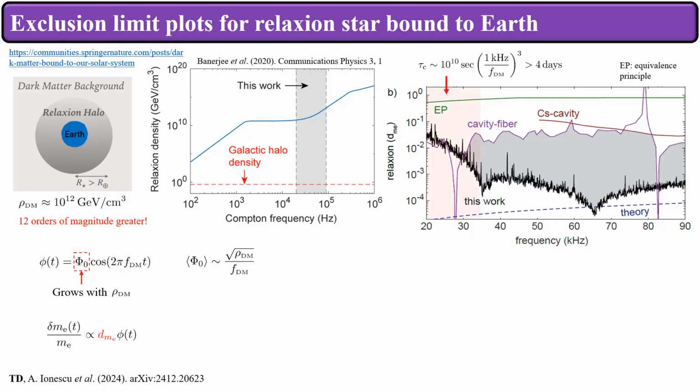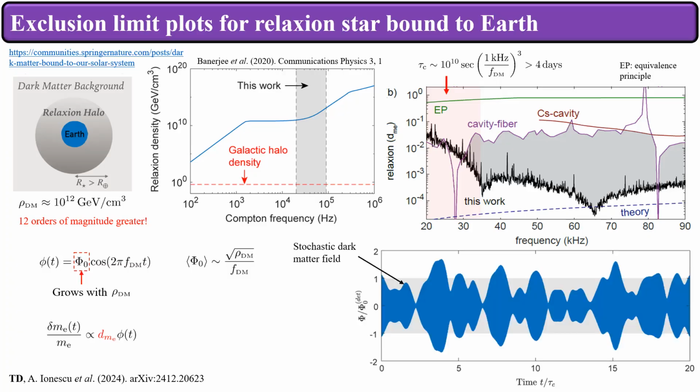However, note that our detector sensitivity suffers at frequencies below 34 kHz, where the measurement time is shorter than the coherence time. For an intuitive understanding of this sensitivity hit, let's revisit the time domain simulation of the stochastic dark matter field. As I stated in the introduction, this simple relationship between the field amplitude and dark matter density is only valid when the detector has performed sufficient averaging.